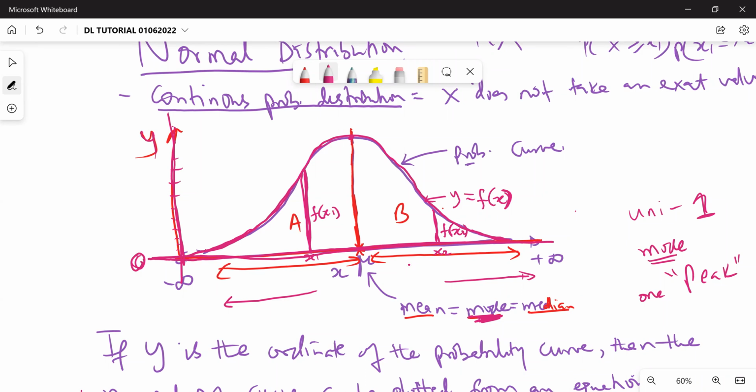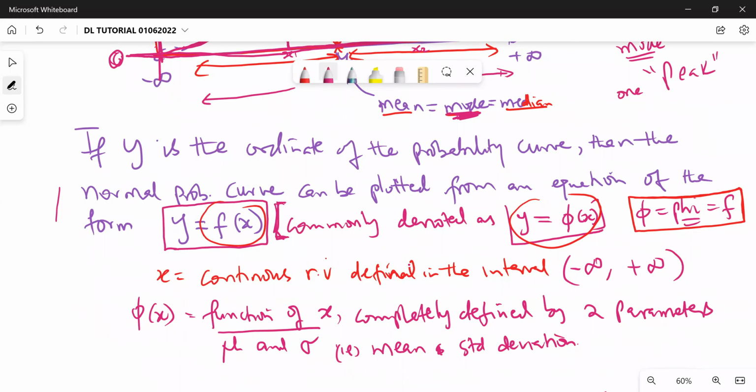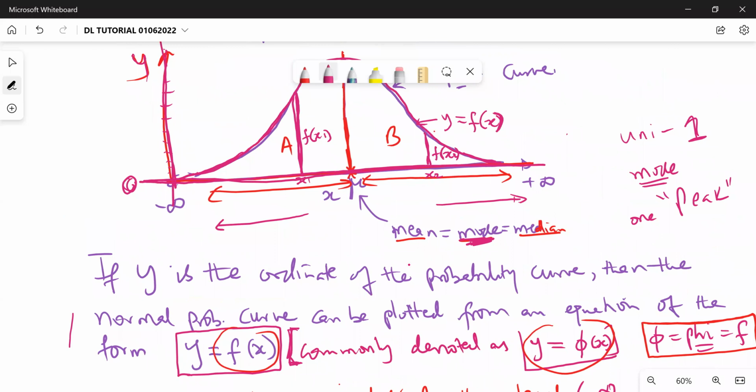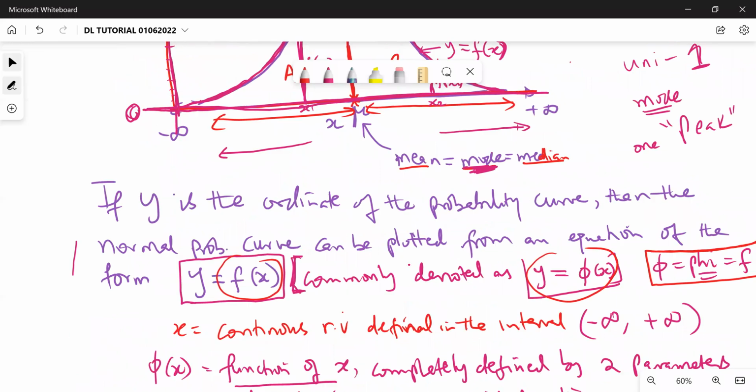The third property is that the area between the curve, that is this bell-shaped curve here, and the x-axis, this horizontal axis, is always equal to 1.